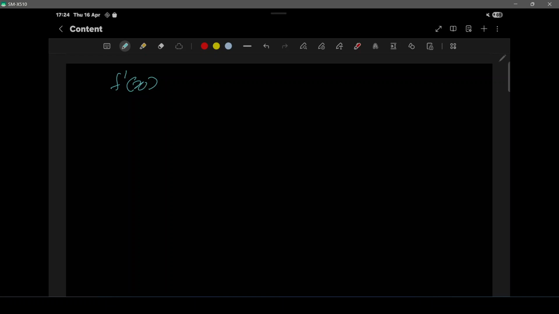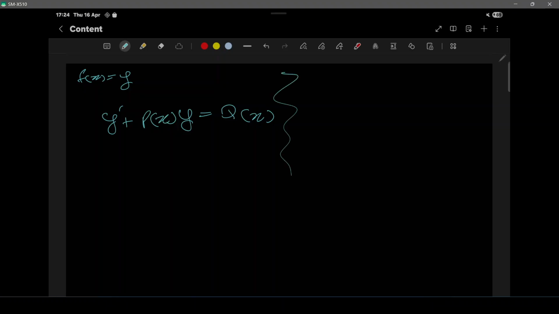First order linear differential equation means we can write the format like, if f x is equal to y, y dash plus p x times y is equal to q x. To make sense, a general linear differential equation means it is in a format like this.